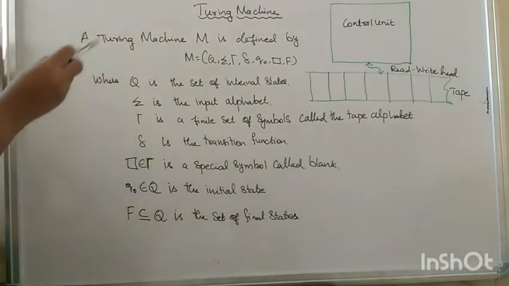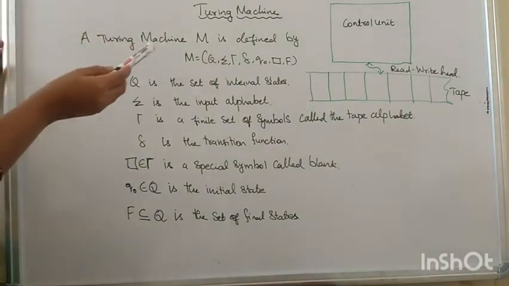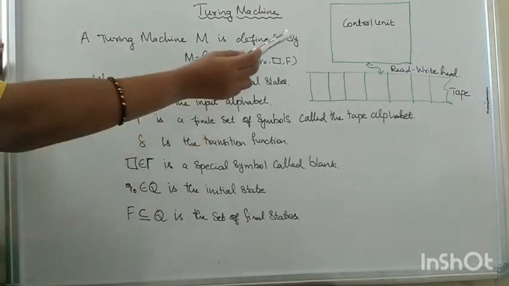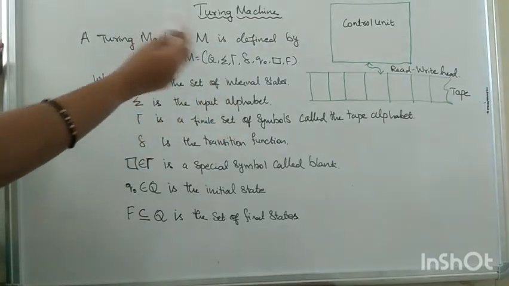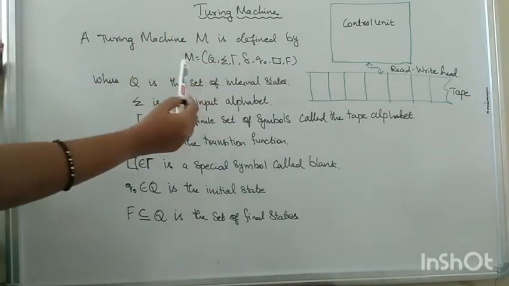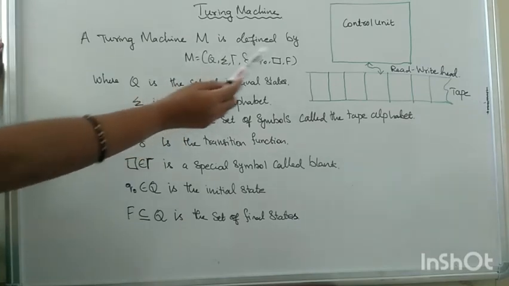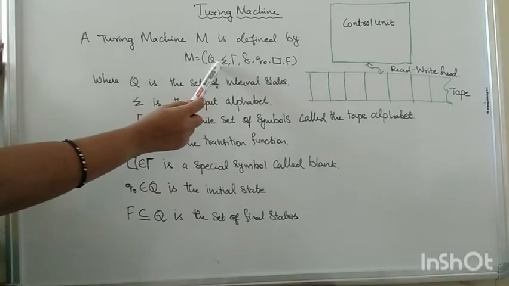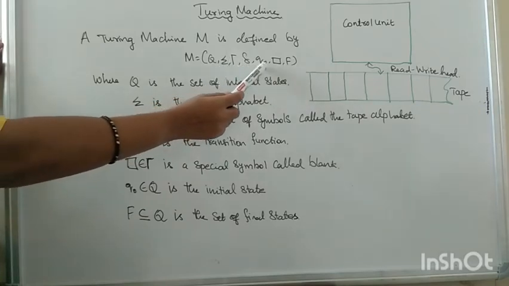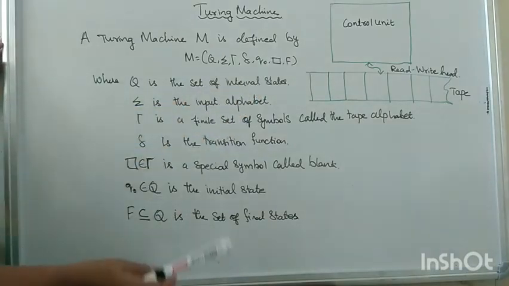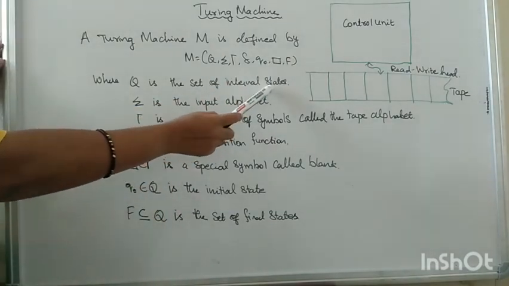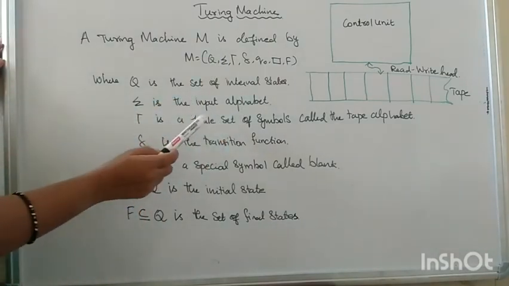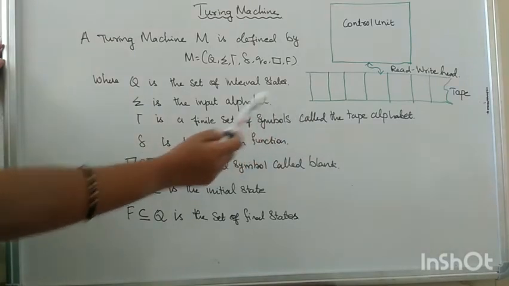When we are talking about Turing machines, a Turing machine M is defined by 7 tuples, just like push-down automata. Here also we define the Turing machine by means of the 7 tuples, which is M is equal to Q comma sigma comma tau comma del comma Q0 comma blank comma F. Where Q is a set of internal states, sigma is the input alphabet, and tau is a finite set of symbols called the tape alphabet.